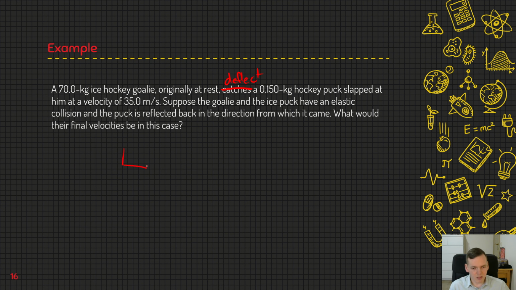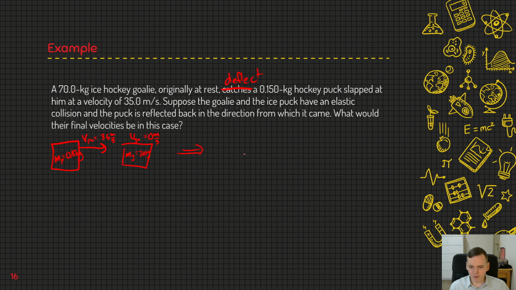So we have a mass of the goalie equal to 70 kilograms. V initial of the goalie is equal to 0 meters per second. I'm drawing it big so I can write on it. Mass of the puck is 0.15 kilograms with an initial velocity of 35 meters per second.